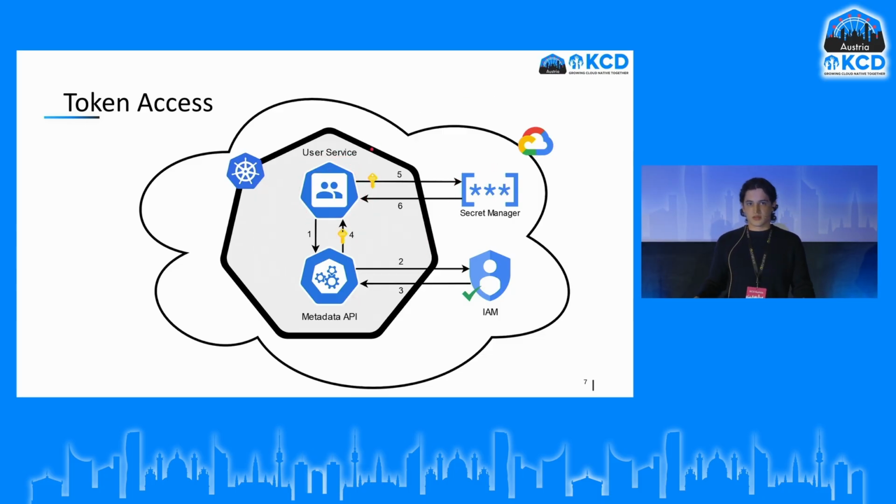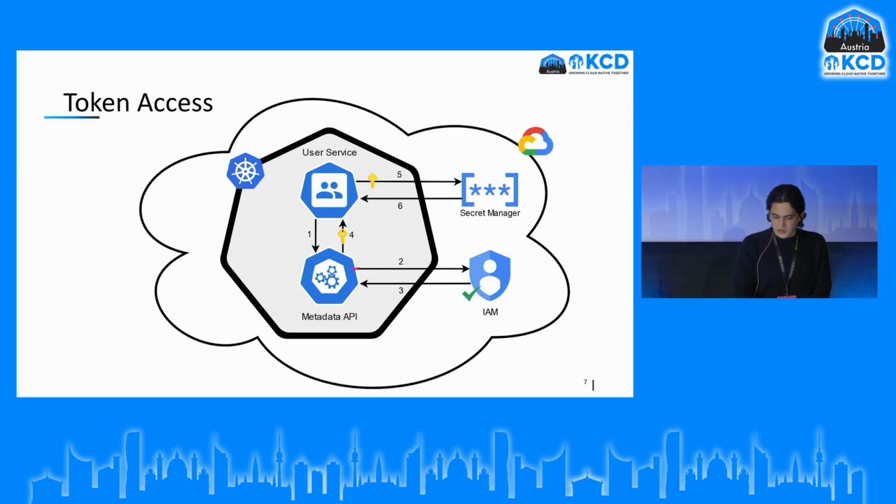When the user service is started, for example, it needs to access some secrets, for example, to encrypt the session token. It is configured via a service account, which has access to the Google Secret Manager. And it gains access to the Secret Manager by requesting an access token via the metadata API, which is only accessible from within the Kubernetes cluster.